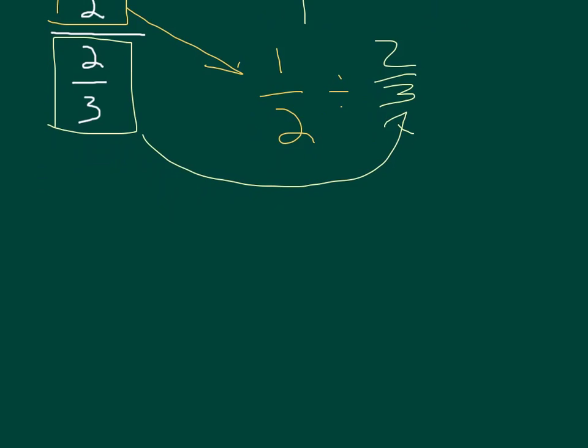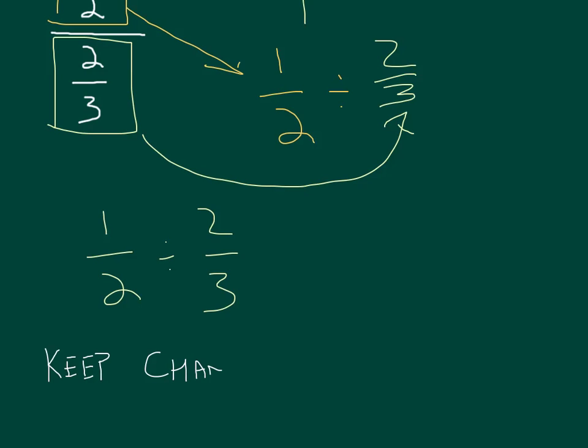Let's scroll down a little bit. So I have 1/2, let me rewrite it, divided by 2/3. Now we can solve by just dividing. When we divide fractions, we need to use the rule of keep, change, flip.